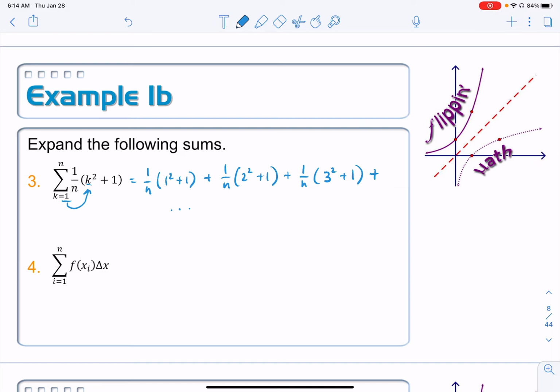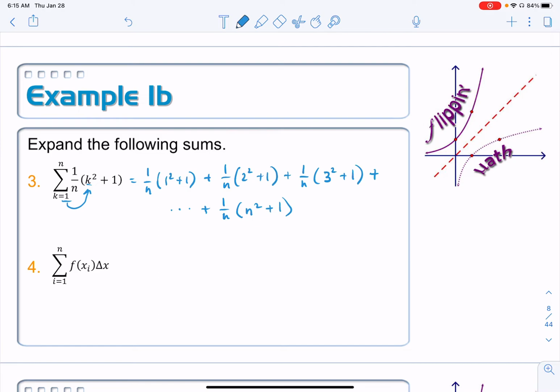The dot, dot, dot is the whole skip a few thing. So it just follows the same exact pattern. Plus, and then the nth one would be 1 over n times n squared plus 1, because that's where we're supposed to stop, right? We're stopping here at n. Now, notice that every single one of these terms has a 1 over n in common.